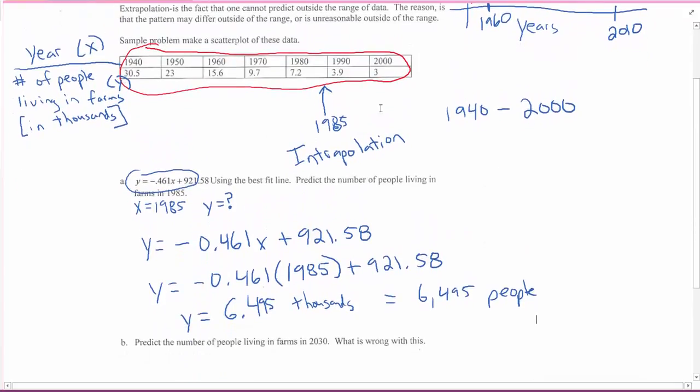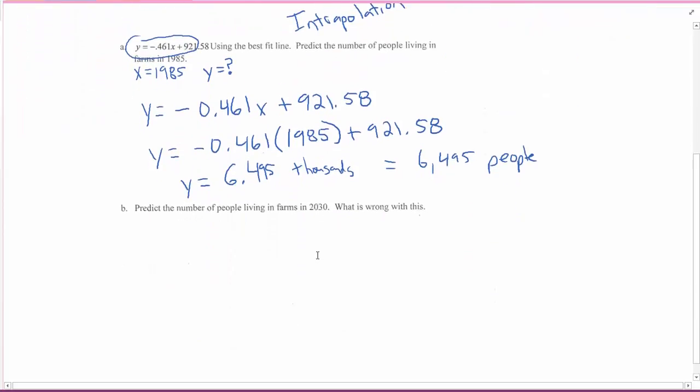And you can see this sounds reasonable, because in 1980 we had 7.2 thousand people and in 1990 we had 3.9 thousand people. So our answer of roughly 6.5 is reasonable here, since 6.5 is in between 7.2 and 3.9. So that makes sense.